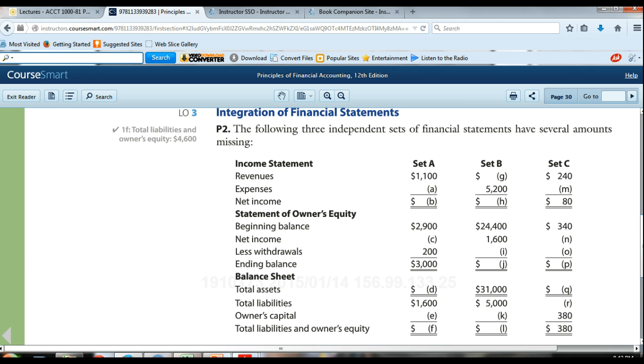I'm sorry, I wasn't even paying attention. Owner's capital is equivalent to the owner's equity. Exactly, in any case. Basically one and the same, so F is 3,000. D is 4,600. Oh, sorry. F is 4,600, D is 4,600.